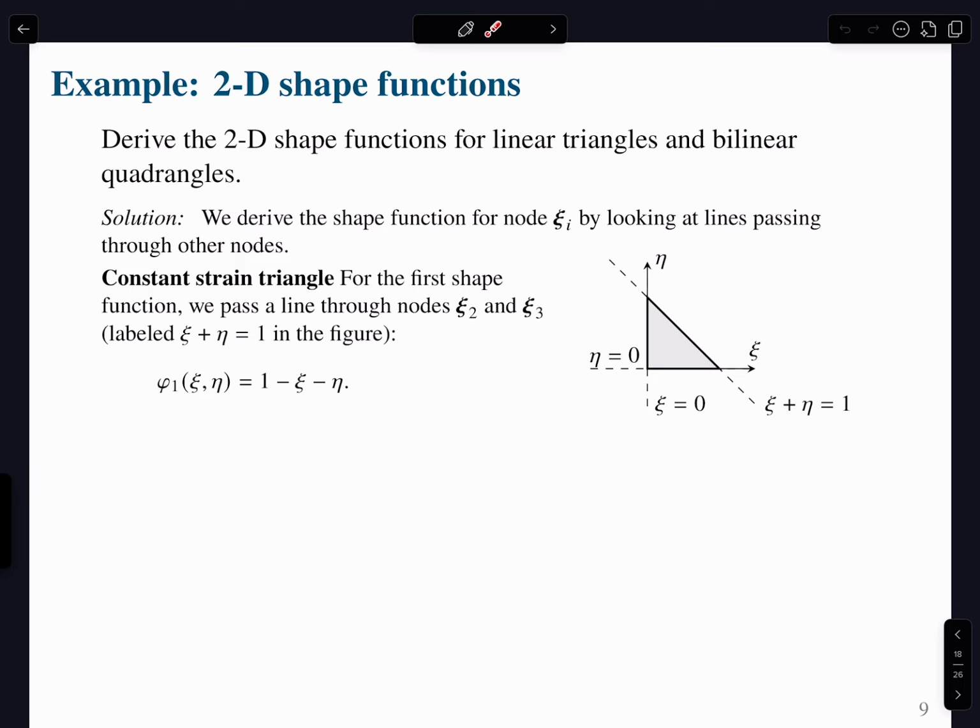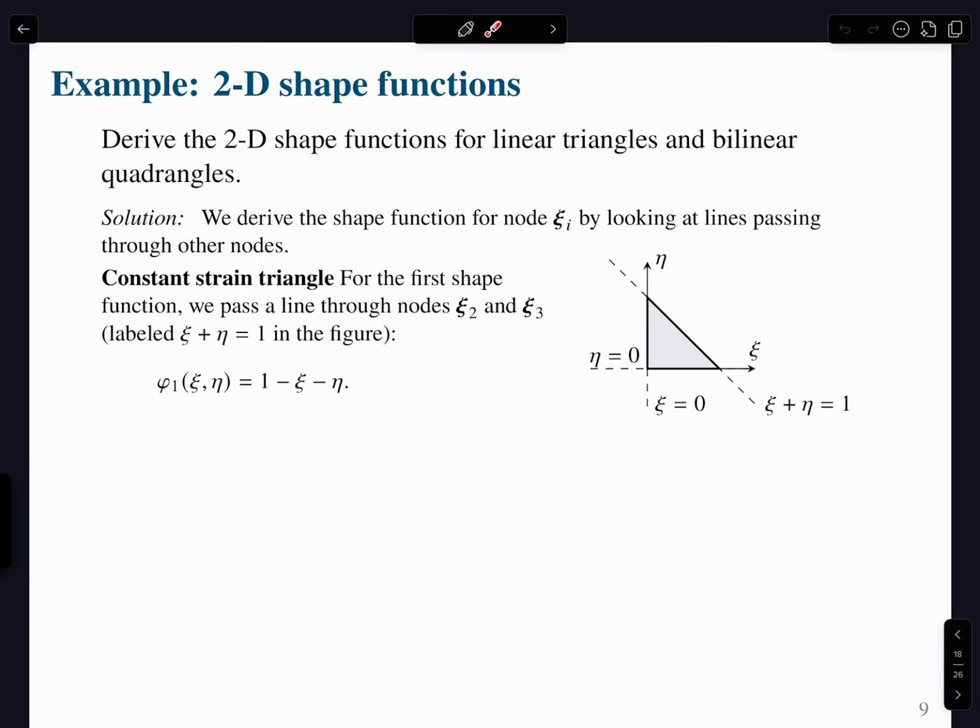So you notice already that the area of this triangle in this coordinate space is what? 1/2, very well. And so if I want to decide what is the shape function that is associated with that node, all I have to do is to look at the functions that go through the other nodes.